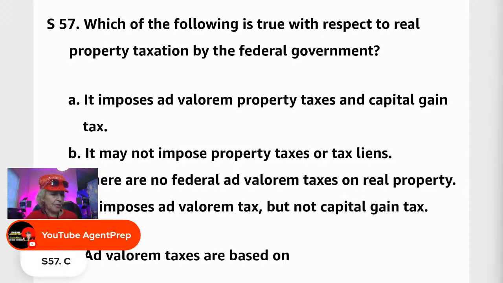The answer says the Constitution of the United States specifically prohibits such ad valorem taxes by the federal government. However, tax on income derived from real property and gains realized on the sale of property are part of the federal government's taxation. So if you get rental income, we pay taxes.